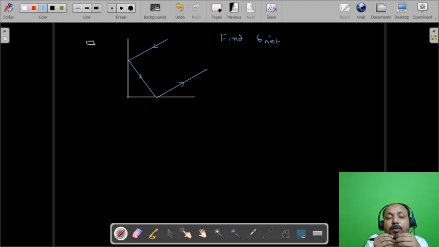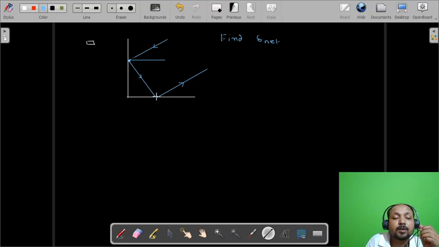So here how do we find del net? Let's say this is the angle of incidence and this is the angle of reflection.